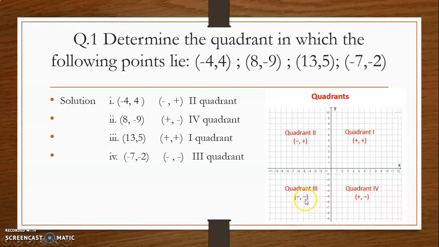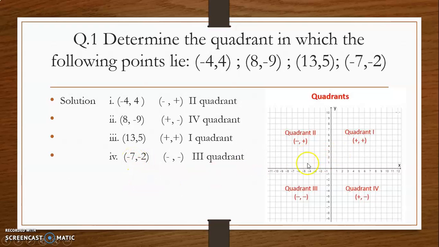Okay, now there are both the numbers positive, plus 13 and plus 5, so it will lie in the first quadrant, because here the x is also positive and y is also positive. This one was easy. And then there is minus 7 and minus 2, and both are negative.